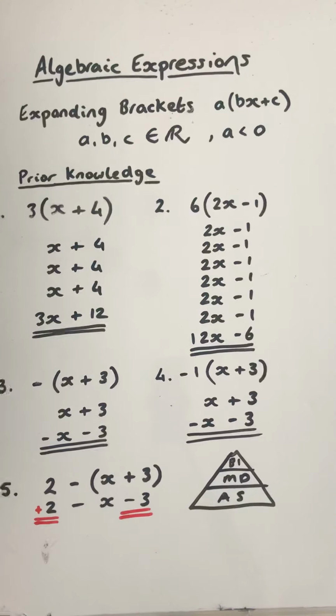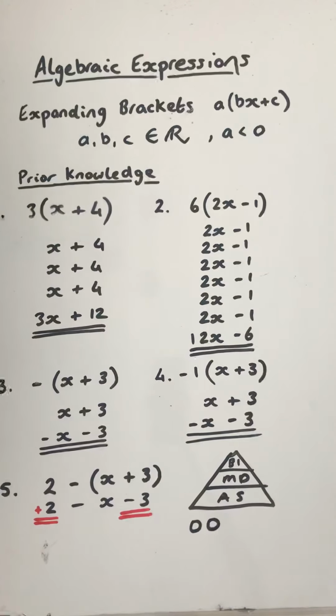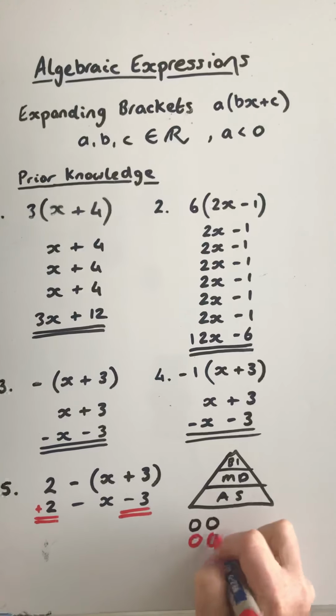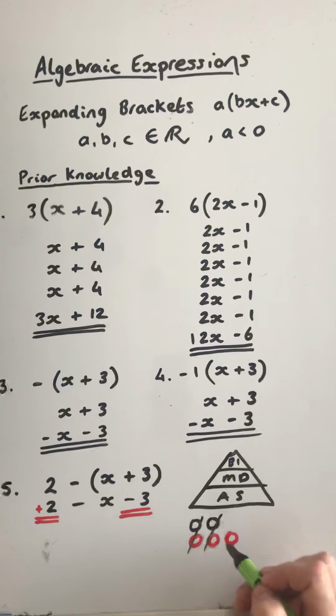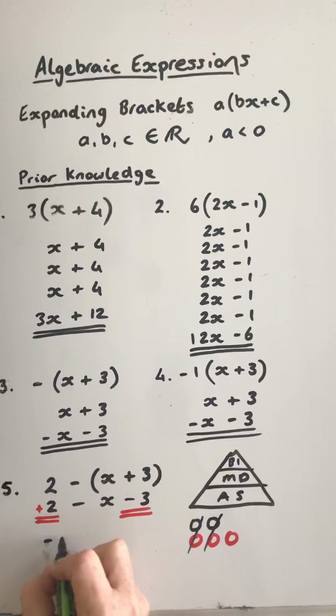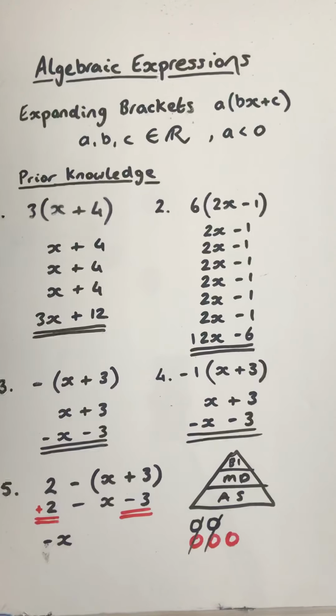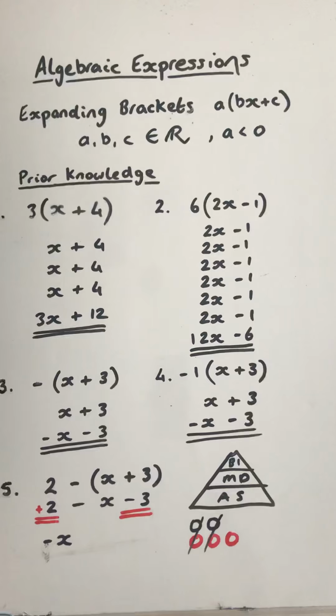Positive 2 minus 3, so addition of a negative there. 2 minus 3 is negative 1. So we've got negative x, let's write it in order with the algebra: x first and then the digits at the end. So minus 1 for this particular example.